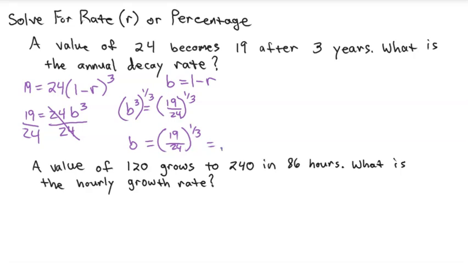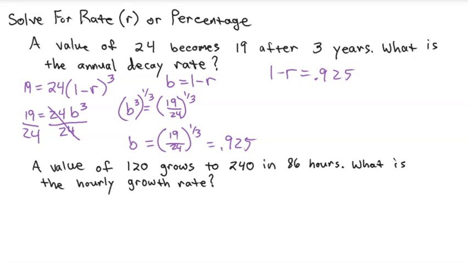But remember, we said that b is equal to 1 minus r. And so we're going to write that up. We're going to say that 1 minus r is equal to b, but instead of putting b here, we're going to put what b is equal to, 0.925, okay?